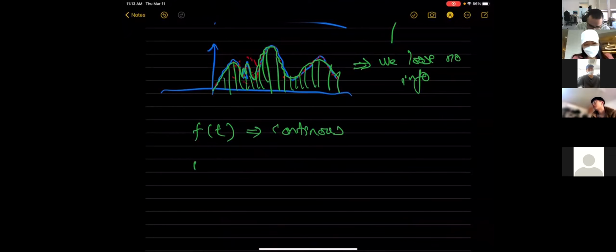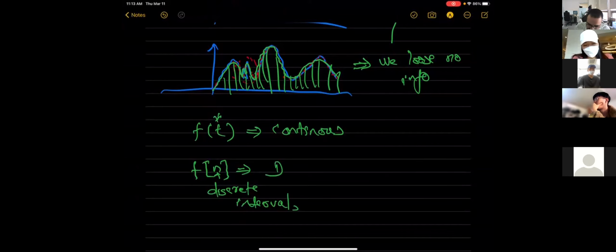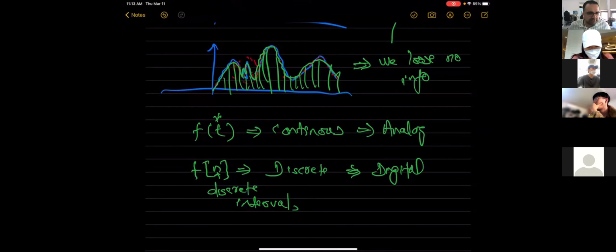That is called f of n, and it is denoted not in parentheses like this, but in square brackets, and this n denotes the discrete intervals. This is called a discrete signal. So this is my analog signal, and this is my digital signal. All clear so far? Any question here?